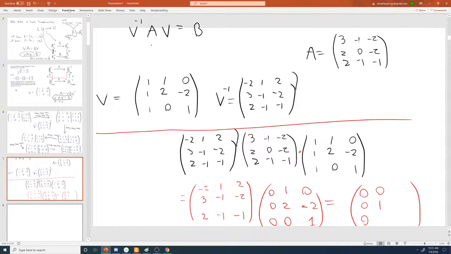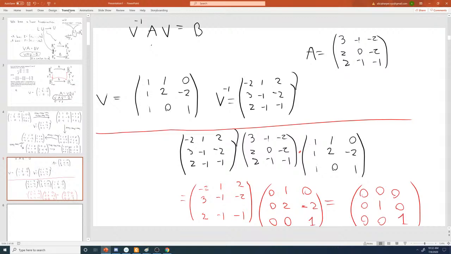When I multiply this by this, I get 0. When I multiply this by this, I get 0. When I multiply this by this, I get 0. And finally, when I multiply this by this, I get +1.